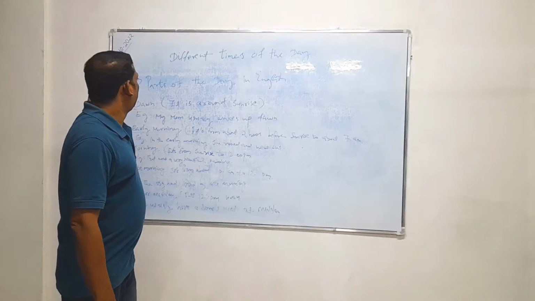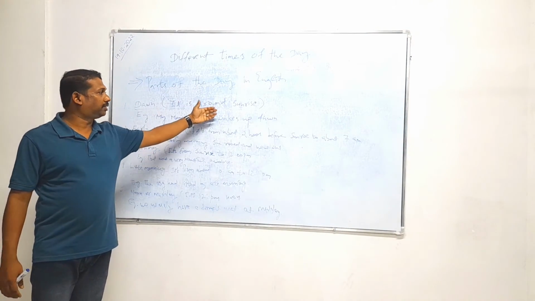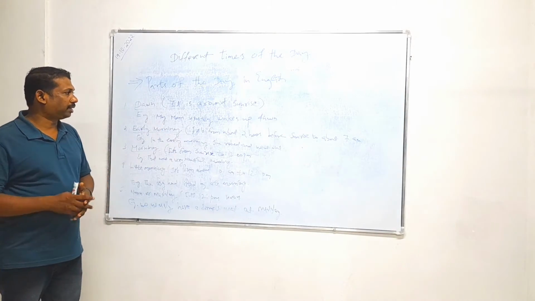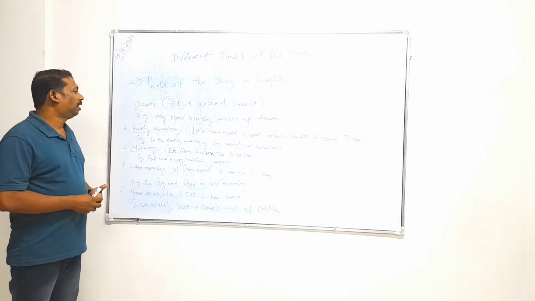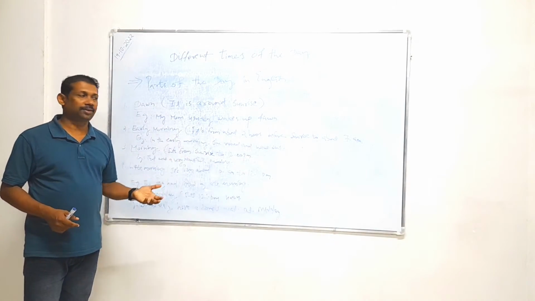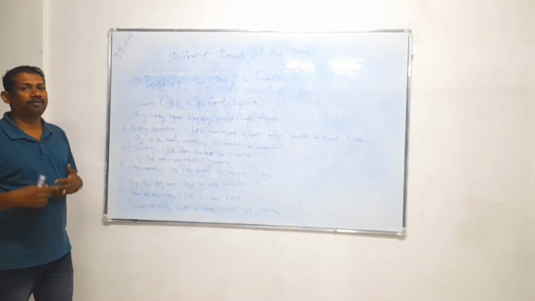So again, parts of the day in English. Dawn is around sunrise. Example: my mom usually wakes up at dawn. Early morning is from about 2 hours before sunrise to about 7 a.m. In the early morning, she rose and went out.